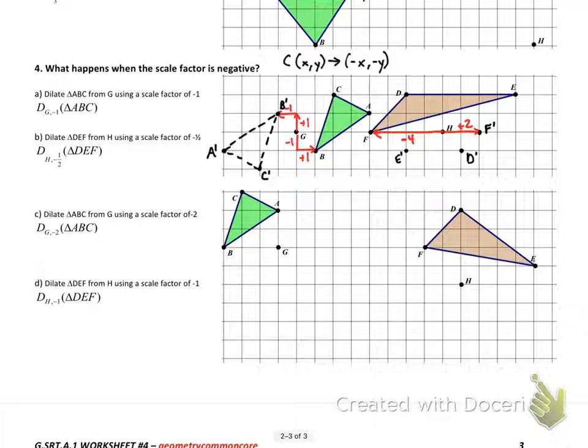And I'll show this temporarily. I'm going to erase these lines because it looks a little messy when I do this. So this is +2, +4 to get over to E. So the way I got over to E prime was going the opposite. I went down 1, left 2. All right. So my X movement is in the opposite direction and half of what I did before. My Y movement is half of this +2 and also going in the opposite direction.